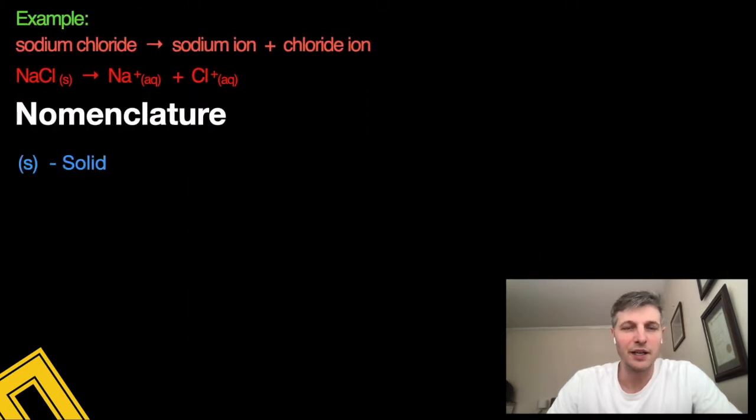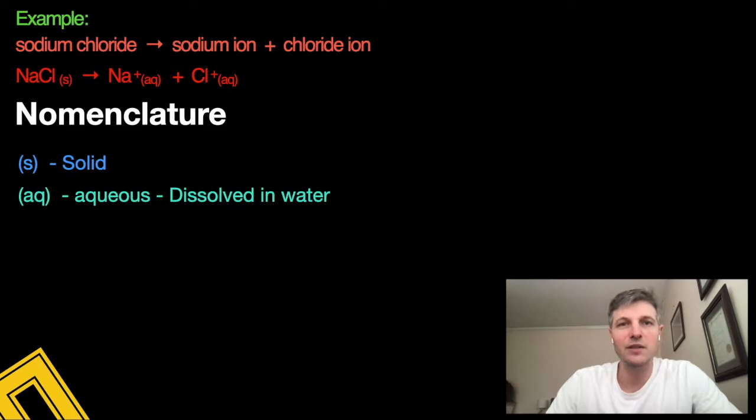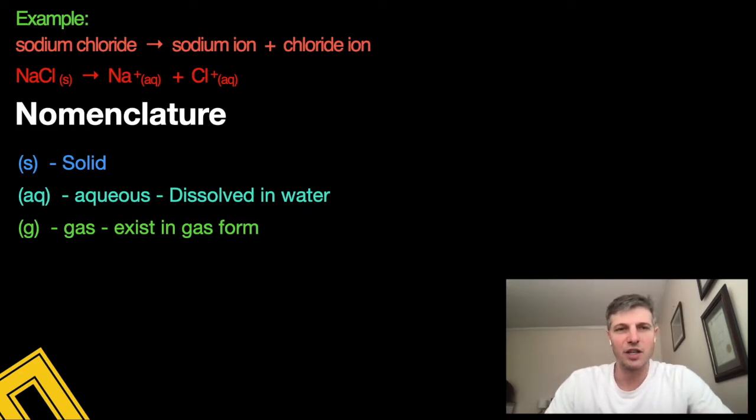S stands for solid. AQ means aqueous, which means it's dissolved in water. And G is gas, which means it exists in the form of a gas, obviously. That G one's going to be less important for us looking at precipitation reactions. We're going to be focusing a lot more on the S and the AQ.